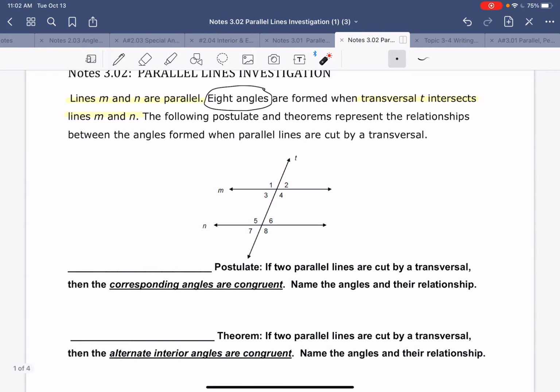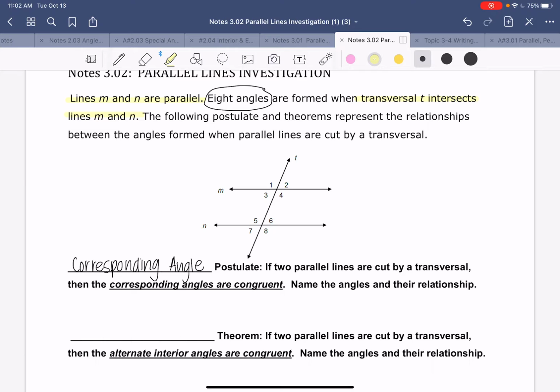The first one says if 2 parallel lines are cut by a transversal, then the corresponding angles are congruent. So this is the corresponding angle postulate.